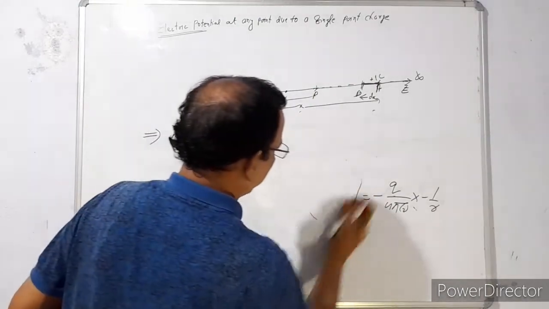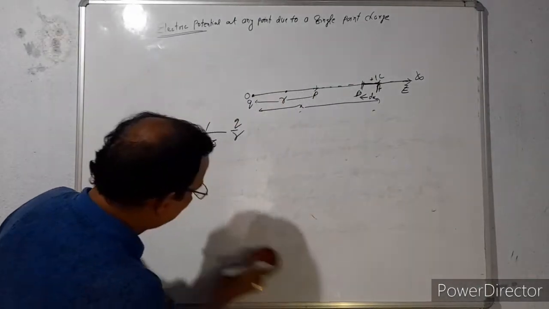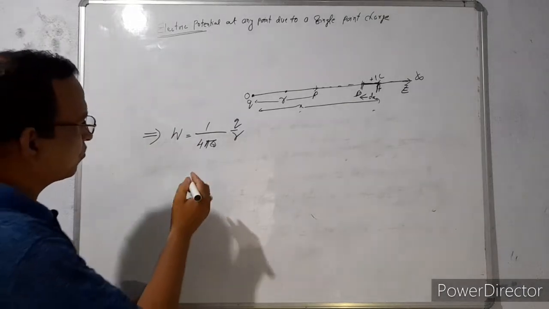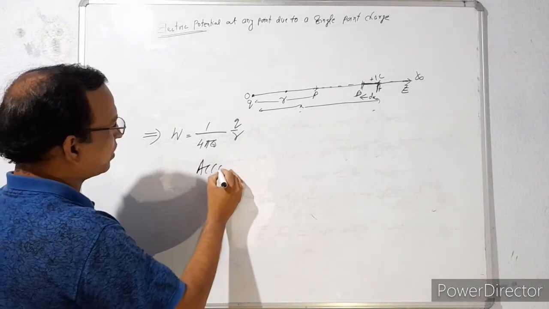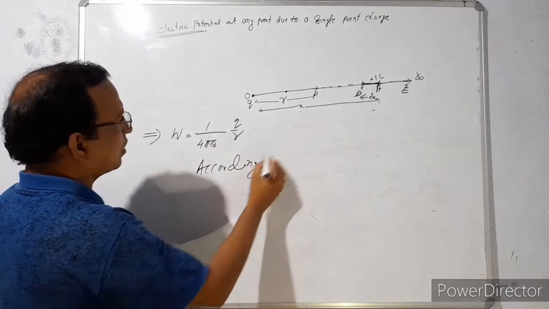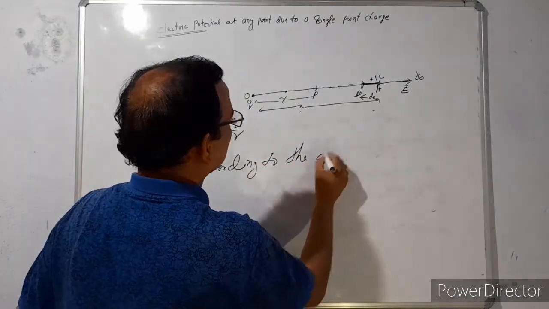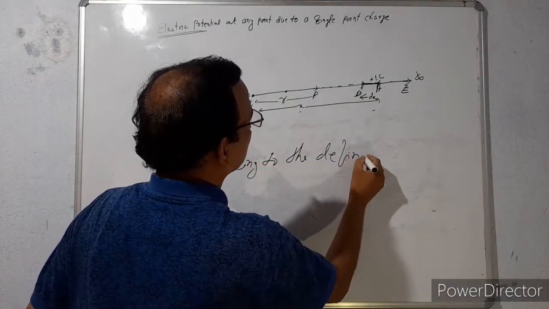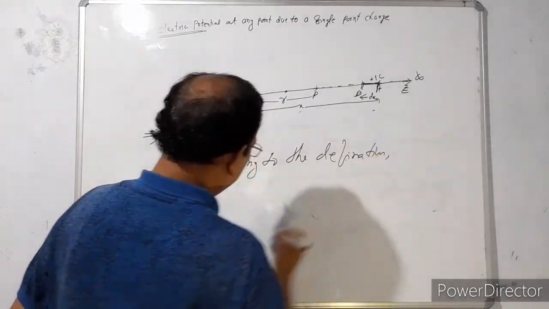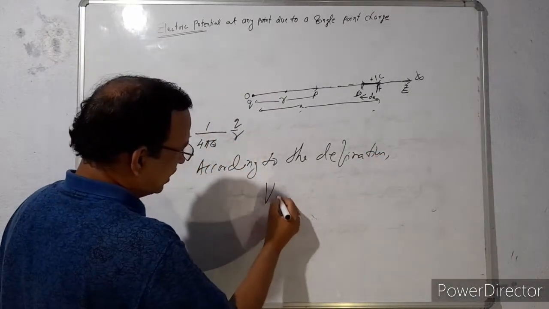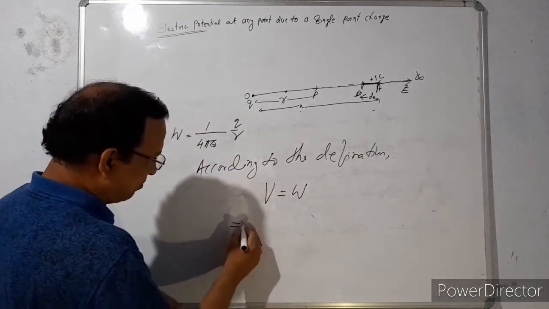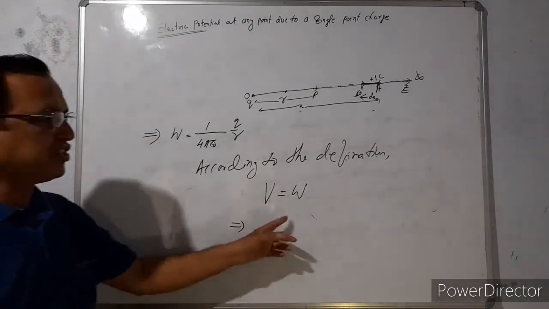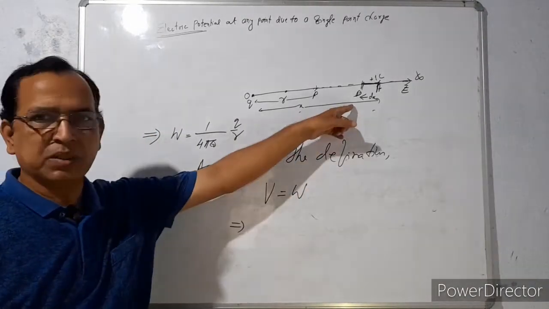We can find out the potential. According to the definition, V is equal to W by Q. Here Q is the positive test charge, that is 1.